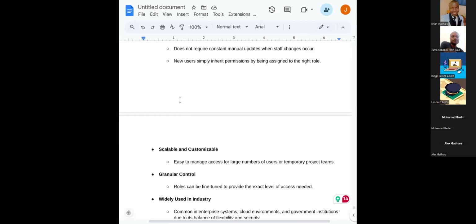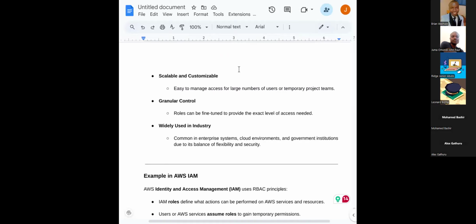So when users change, the roles remain. New users can simply inherit permissions because they're going to take on the roles. It's scalable and customizable. You can have several users having one role. For example, you can have two people under the role of trainers. We can have the 46 of you under the role of learners.